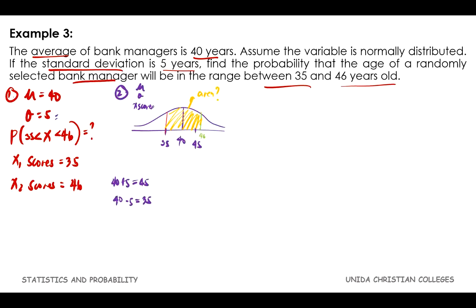At para makuha natin yan, alam natin na i-add natin pareho yung mga z-scores na makukuha natin. Tama? Okay? Let's have step 3. Alam natin na pag-addin natin kasi between silang dalawa magkasama. So, we have z sub 1 is equal to x sub 1 minus mu over standard deviation. So, plus natin yung class.